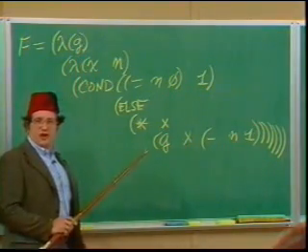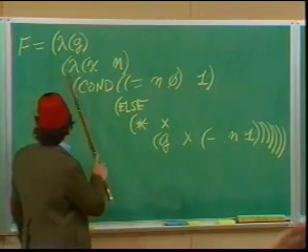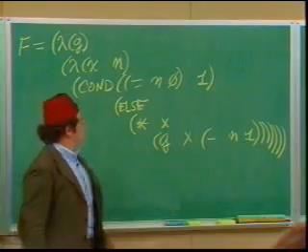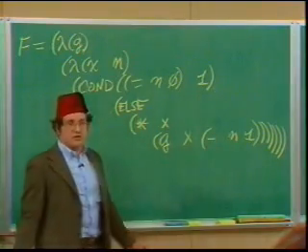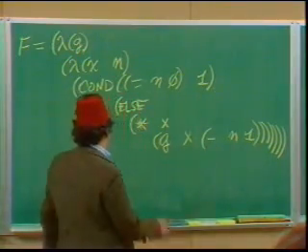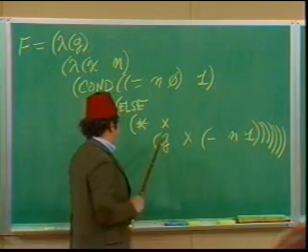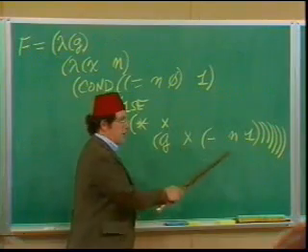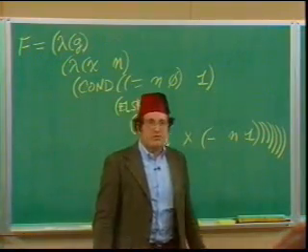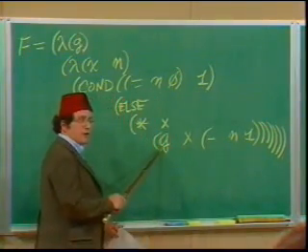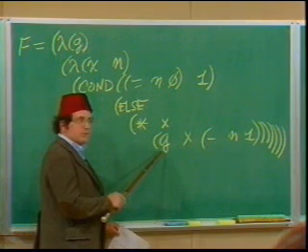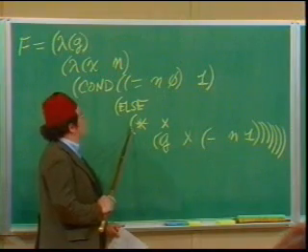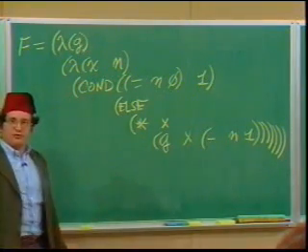Supposing g were a good exponentiation procedure, well, then this would produce, as its value, a procedure of two arguments x and n, such that if n were 0, the result would be 1, which is certainly true of exponentiation. Otherwise, it would be the result of multiplying x by the exponentiation procedure given to me with x and n minus 1 as arguments. So if this computed the correct exponentiation for n minus 1, then this would be the correct exponentiation for exponent n. So this would have been the right exponentiation procedure.